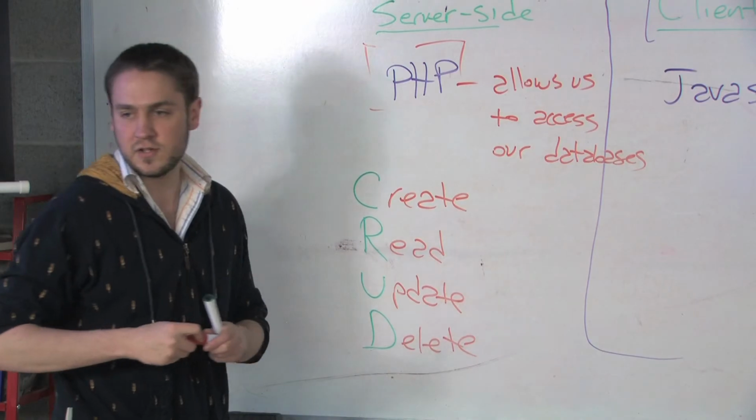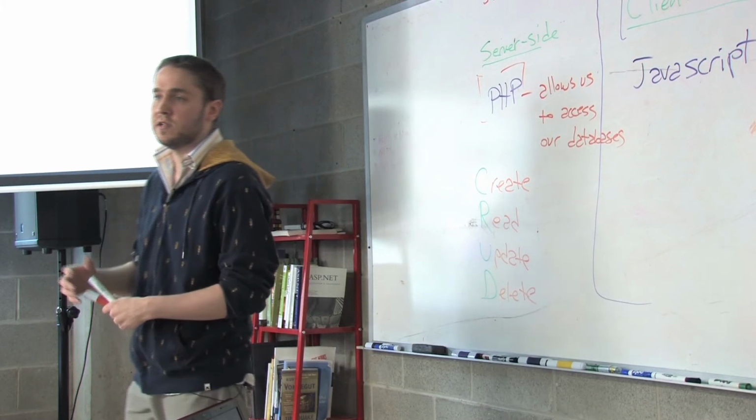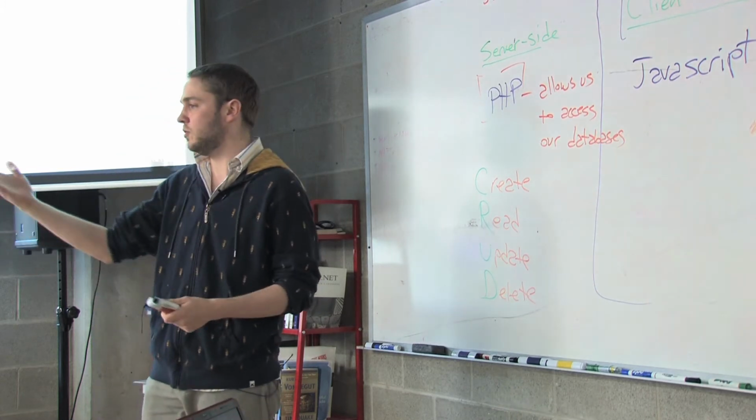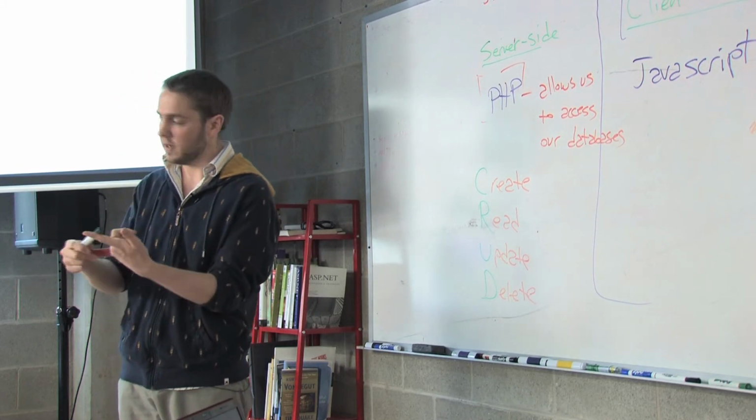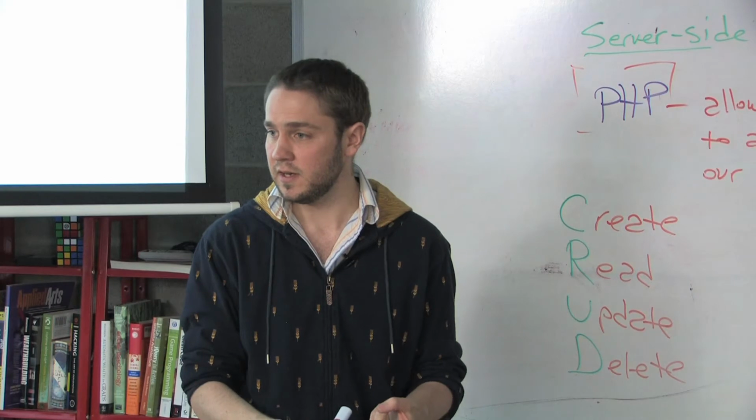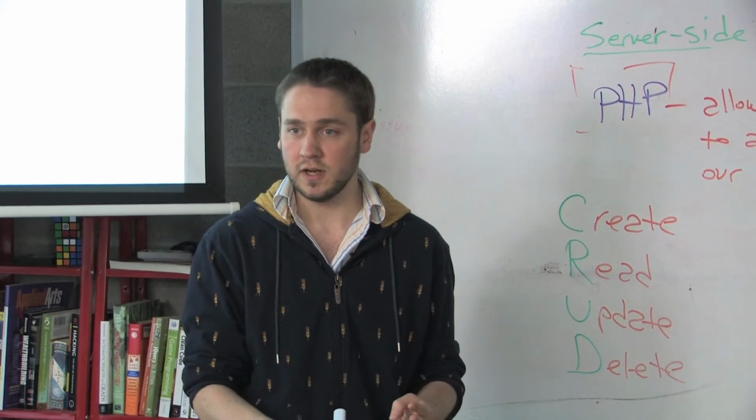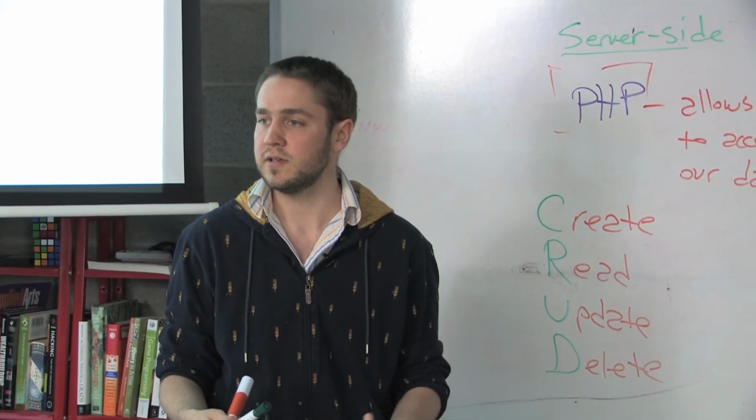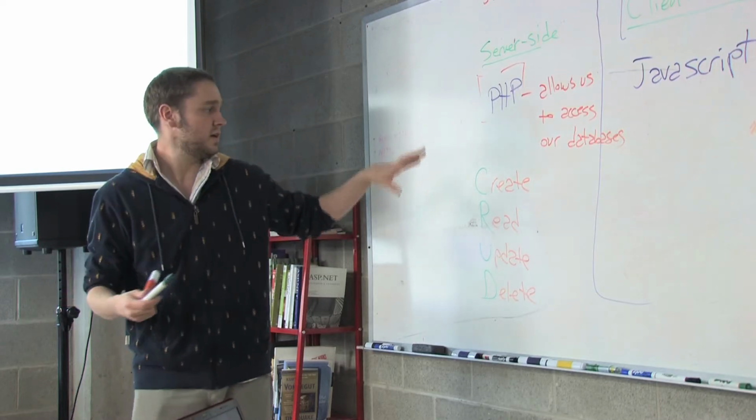Which, when broken down, is kind of like the core of what any server-side technology does, right? What are you doing when you're running a blog? You're creating content, or you might be going in and updating content. You want people to read the content, and you might be deleting the content, right? So those are kind of the core things of any kind of database-driven project that you might work on, right?